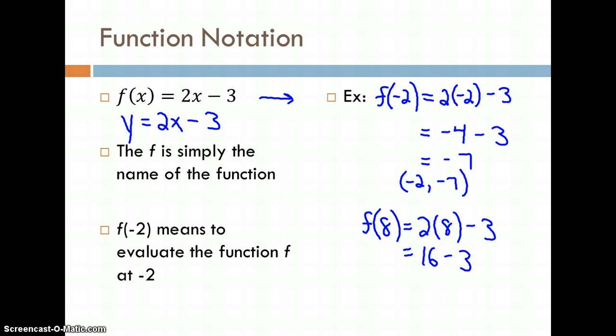We have 16 minus 3. That's 13. So if we were to write this as an ordered pair, it would be 8, comma, 13. Input 8, output 13. Again, please notice we're doing nothing with the f of negative 2 and the f of 8 other than that first step when we write it down.